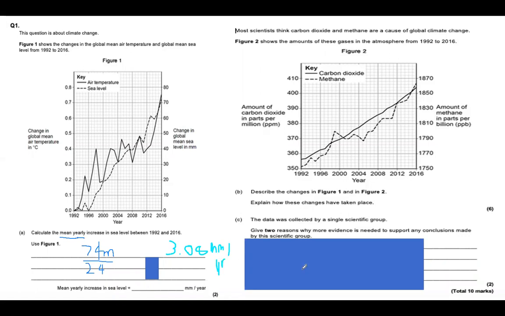Okay, so we're going to ignore B. And this data was collected by a single scientific group. Give 2 reasons why more evidence is needed to support any conclusions made by this scientific group.